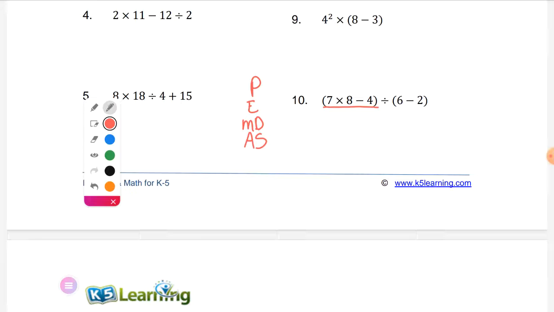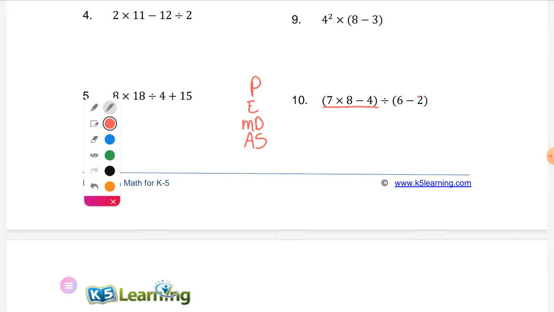So if we have ones like this, we really just cover up everything but what we see in the parentheses, and we pretend that's its own order of operation problem. So in that problem, what are my 2 operations? When I cover up that divided by and the rest of the problem, 7 times 8 minus 4, what 2 operations do you see there?